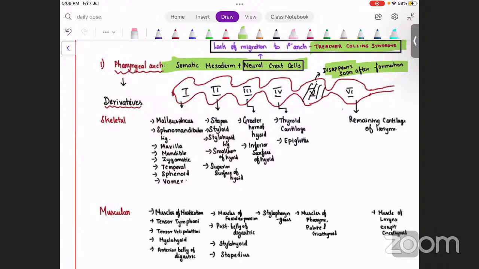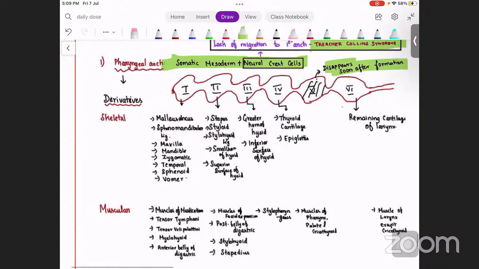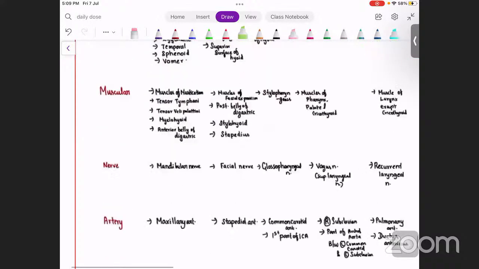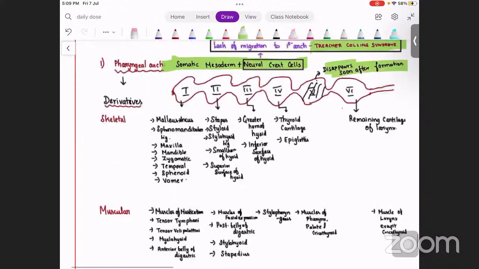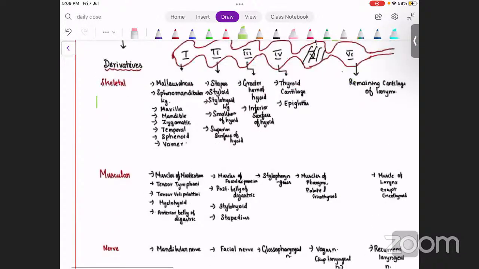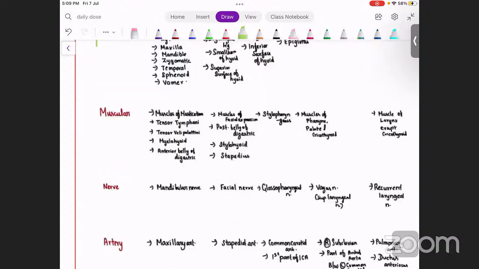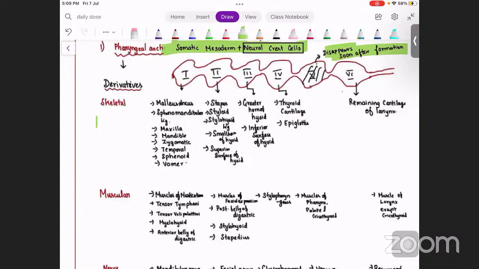Each and every one has its own derivatives: skeletal, meaning what bones are formed from this pharyngeal arch, then muscles, nerves, and artery. We are going to discuss one by one, and then we will talk about what are the things to remember in this pharyngeal arch.